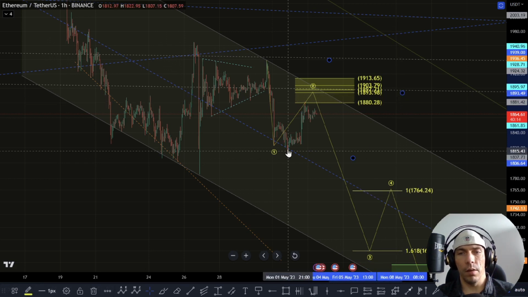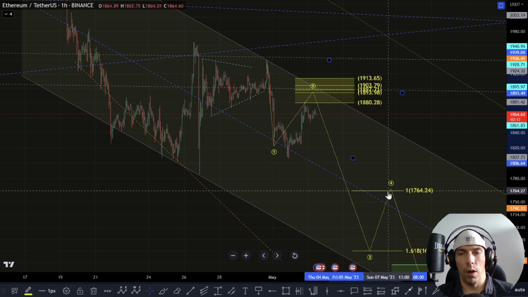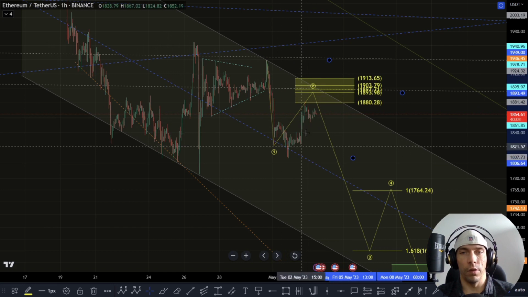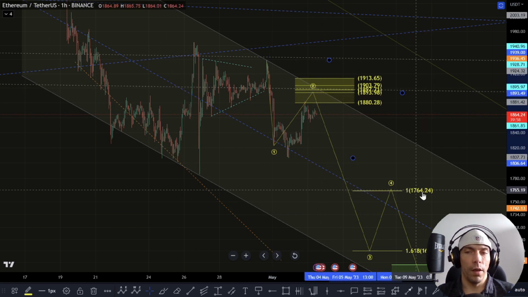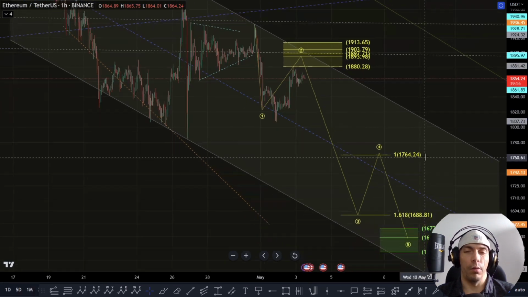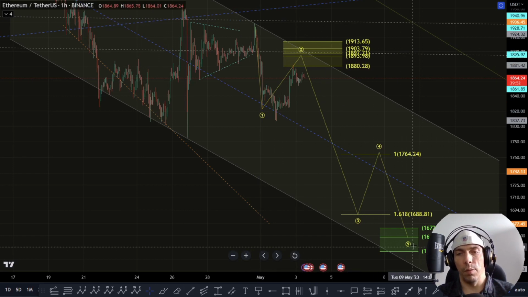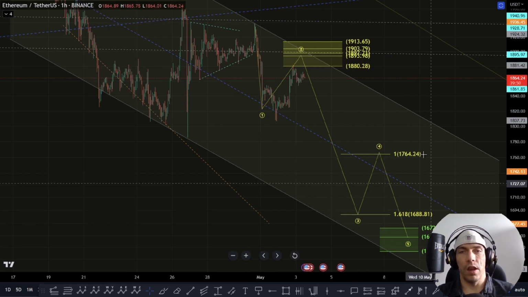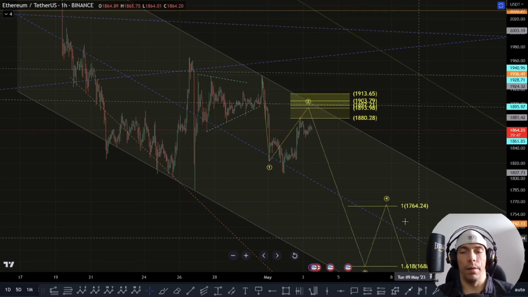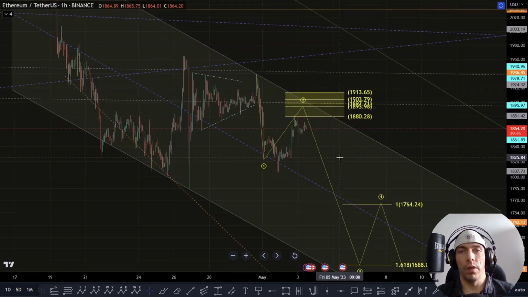So really would have to just be cautious of this one-to-one area here, which would be 1764 in this case, if this is a flat correction here rather, and we look to complete this move here as a one flat for a two or B, and then we get a C wave down. That 1764 is going to be that key area at a one-to-one, and then if we're looking for this actually starting that bigger C wave, this 1688 is going to be our confirmation zone here.